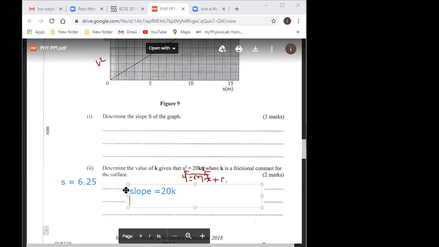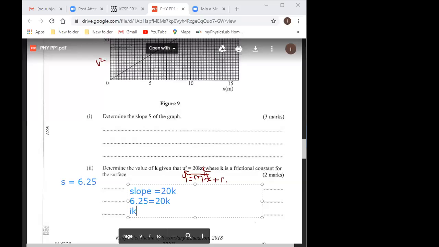Then the next thing you work out, your slope we can have 6.25 is equals to 20k. So you work out to get the value of k. That is going to be 6.25 divided by 20. And you get 0.3125.